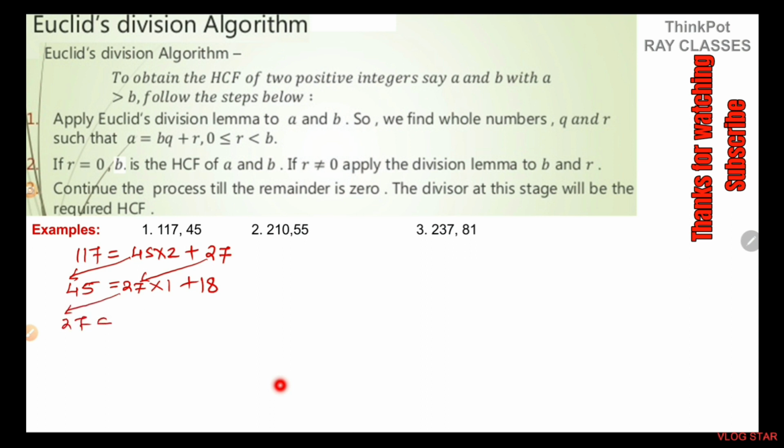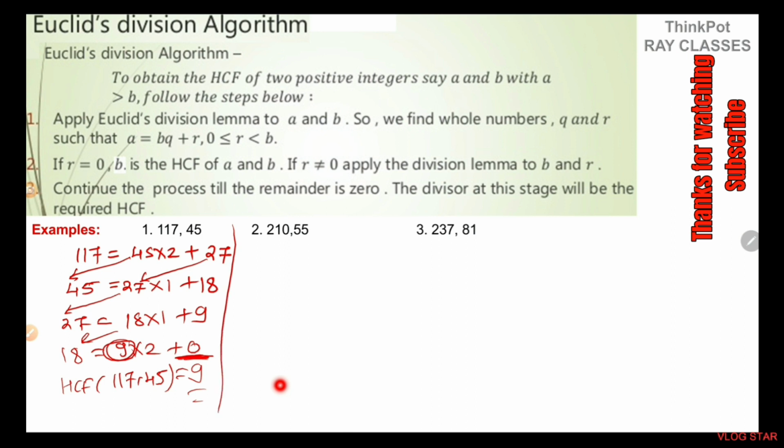You will get 18 into 1 plus 9. Then again 18 will come at this place. You have 9 into 2 plus 0. Since your remainder is coming 0, this 9 will be the HCF. So HCF of 117 and 45 is equal to 9. That is the highest common factor which will divide both the numbers. So this is how we can find the HCF of any given numbers.